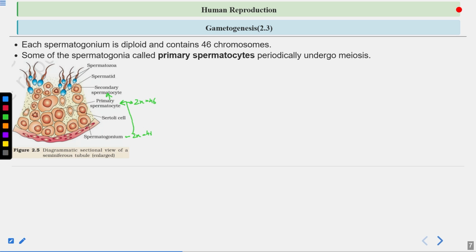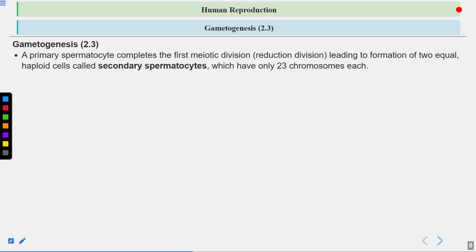Now a primary spermatocyte completes the first meiotic division, means meiosis 1. This is meiosis 1, which is reductional division. There will be reduction in the number of chromosomes. The chromosome number will be reduced to half, leading to the formation of two equal haploid cells called the secondary spermatocytes, which have only 23 chromosomes each. So this was the primary spermatocyte, which is diploid.